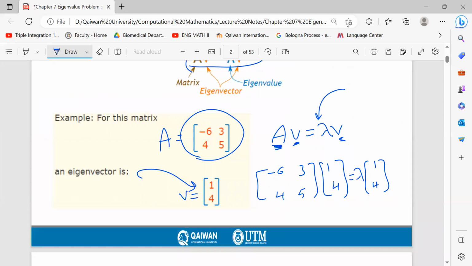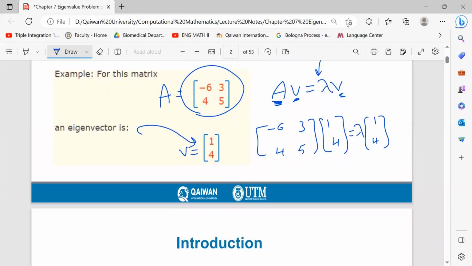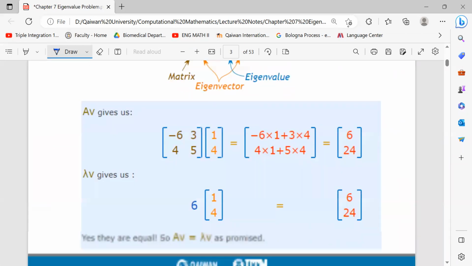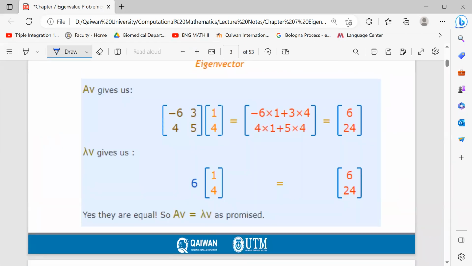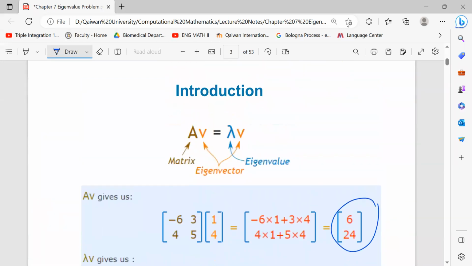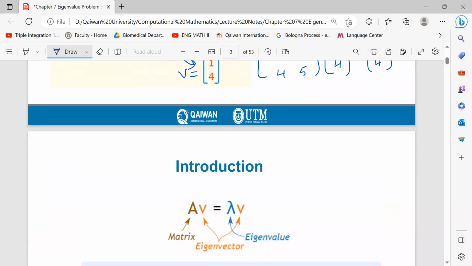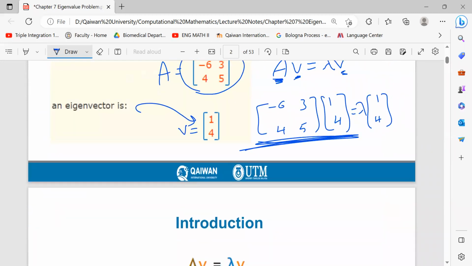And from this, you can get the value of lambda, which is the eigenvalue. We multiply these two on the left, and we equate it to the right. Then we can get the value of lambda.